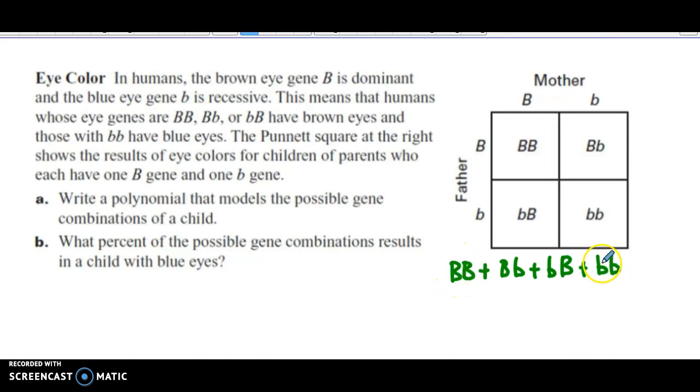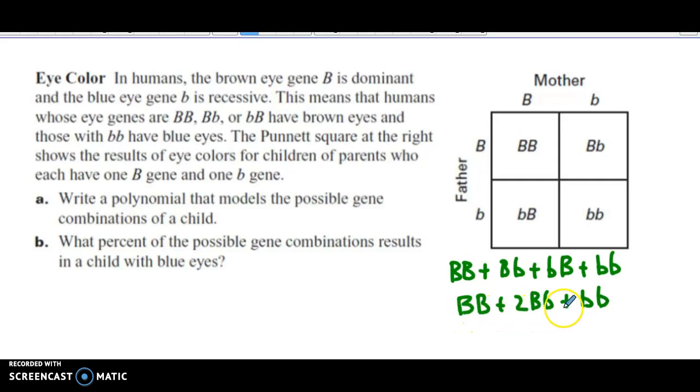So brown brown and blue blue are the only two like it, no like terms. But I have a brown blue and a blue brown. Remember, we can multiply in any order, so these are like terms. So I can combine those. So I have brown brown plus 2 brown blue plus blue blue.